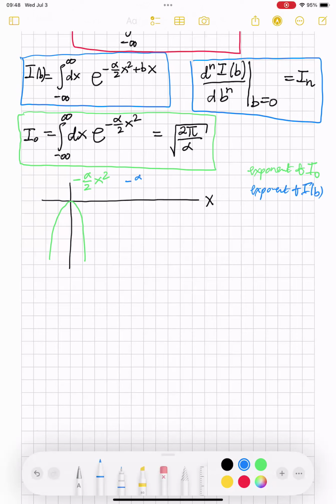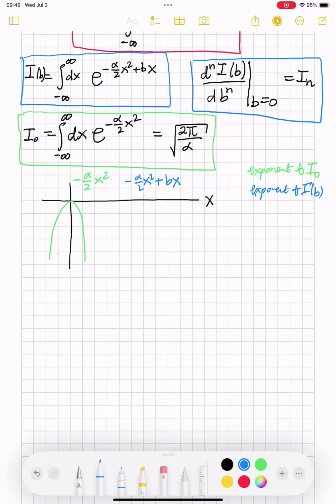Well, it's minus alpha over 2 x squared, but then there's a plus bx. So if you look at this, when x is 0, this also passes through 0. But then for very, very small values of x, the first term is much smaller than the second term. The second term is positive. So it means this blue expression actually becomes positive for small positive values of x.